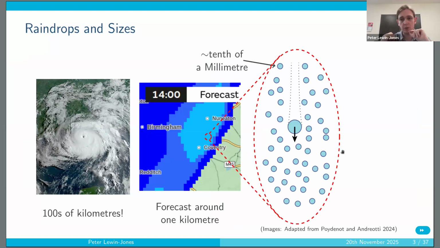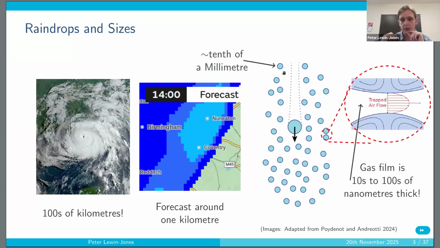In a cloud itself, we've got these droplets of water that are flying around, and one of these larger drops is going to fall as rain and gather up its surrounding ones. And these drops are generally sub-millimetric in size, hundreds of microns. But then when we look at one of these collisions in particular, we've got a trapped layer of air between these two drops, and these air layers, as we can see later, can be hundreds of nanometers thick.